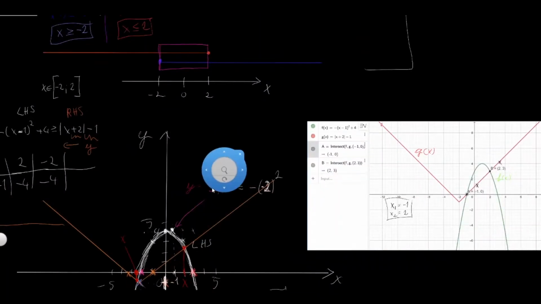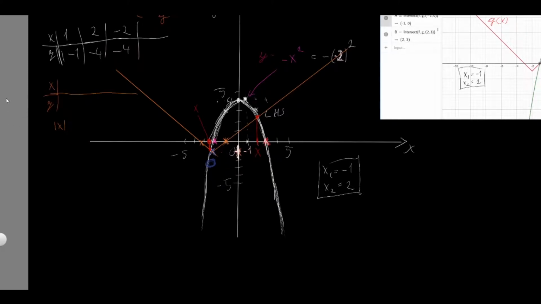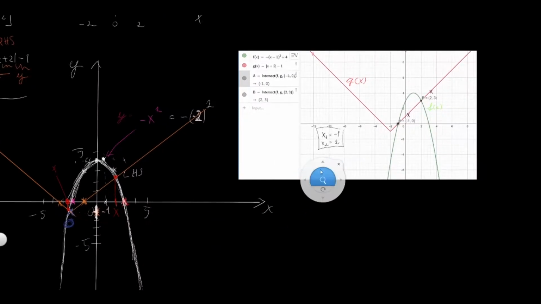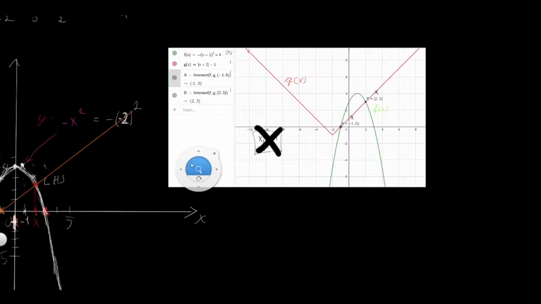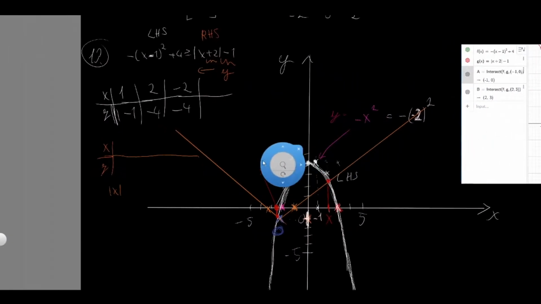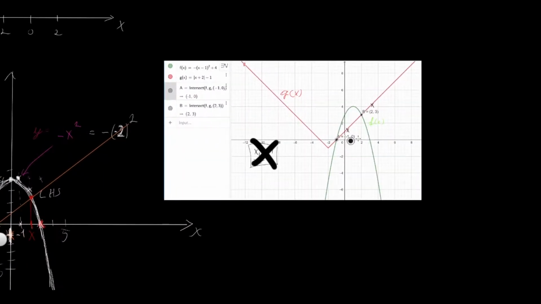Let's just come back here for a moment. Sorry, it's not x equals -1. Almost. So this function, this here, has to be greater or equal to this function.